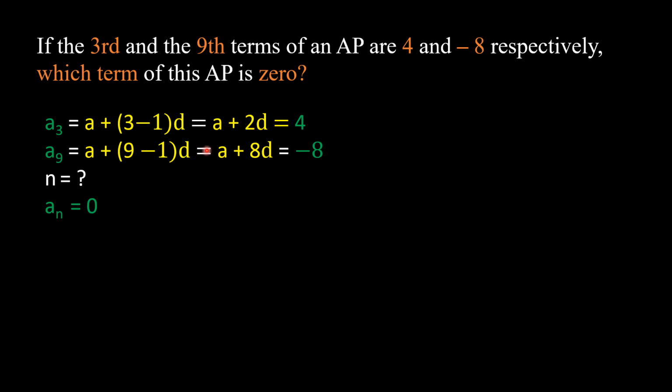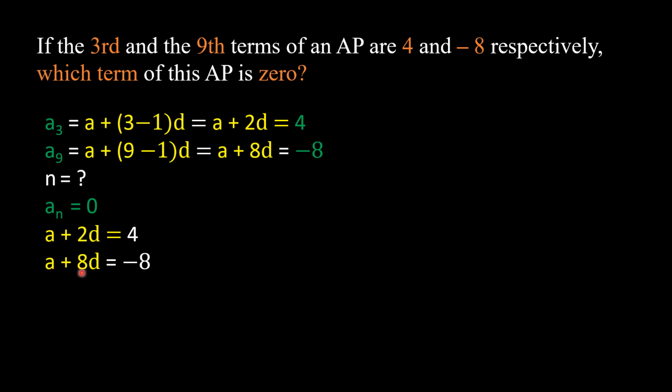Now we have A plus 2D equals 4 and A plus 8D equals minus 8. These are two linear equations in two variables A and D. After solving these two equations, we will get the values of A and D and will be able to find the value of n. So let us first solve these two linear equations.